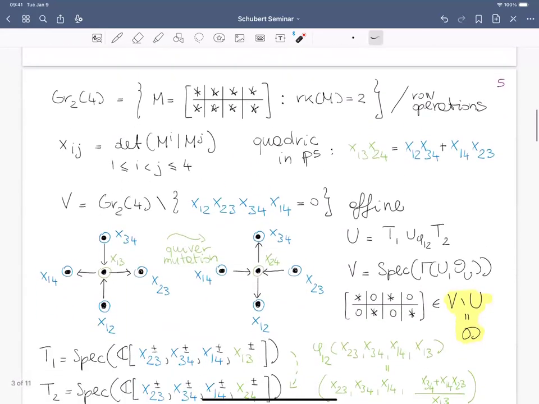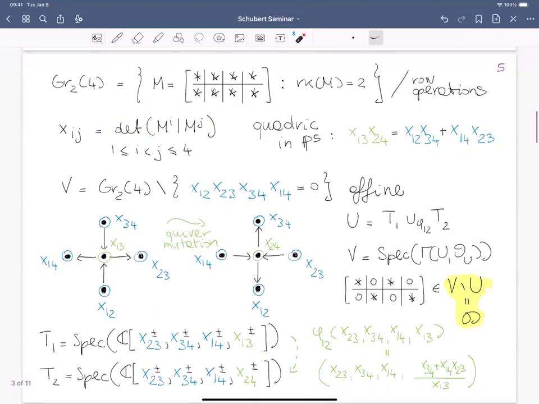But the example, I'll give you one such example for those of you who have never seen any example. But I'm not going to give the simplest example. I'm going to give an example that will be instrumental for what I want to say later. So the example is as follows.